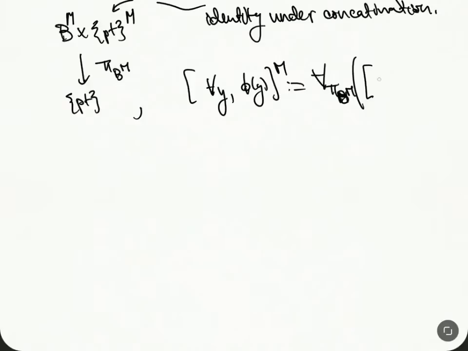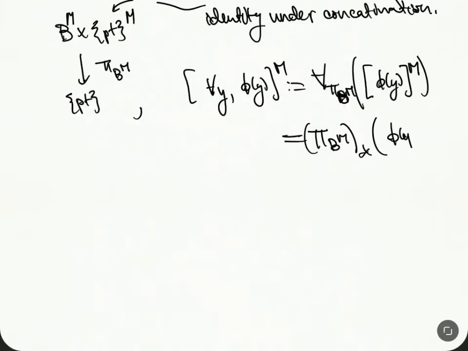So this phi y of n, we had this definable set here. And as we saw before, for the category of sets, this is pi bm, the co-image of m. Or sorry, the dual image.